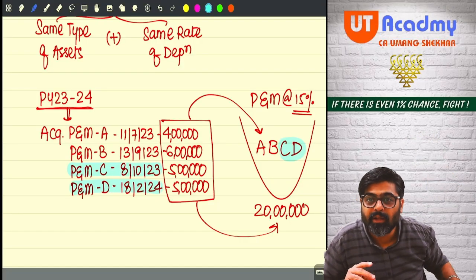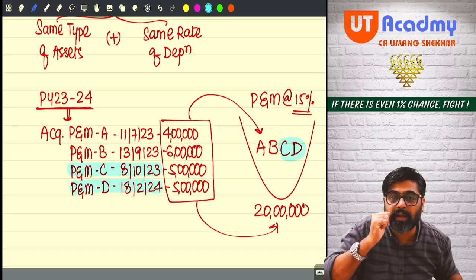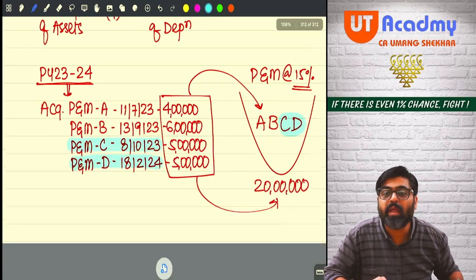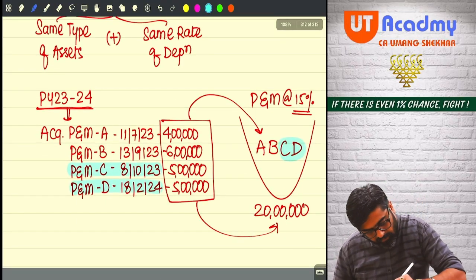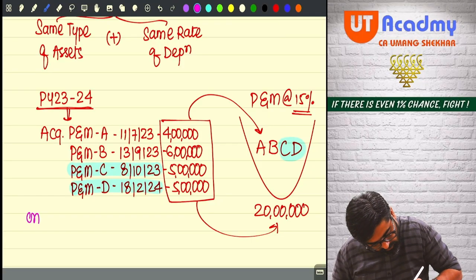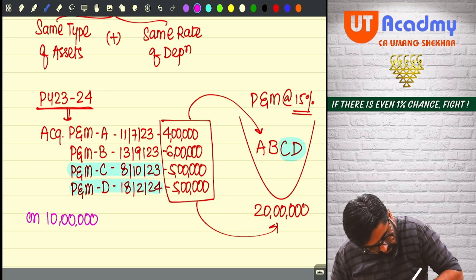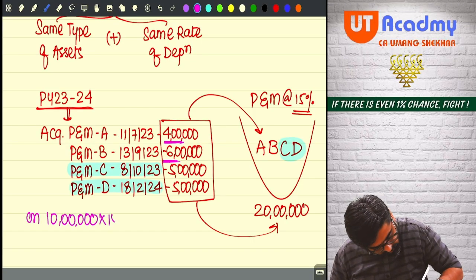Getting my point? So now if I am told to calculate the depreciation, how will I calculate it? On 10 lakhs? Which 10 lakhs, sir? This 10 lakhs, 4 plus 6. Okay, I will apply 15%.